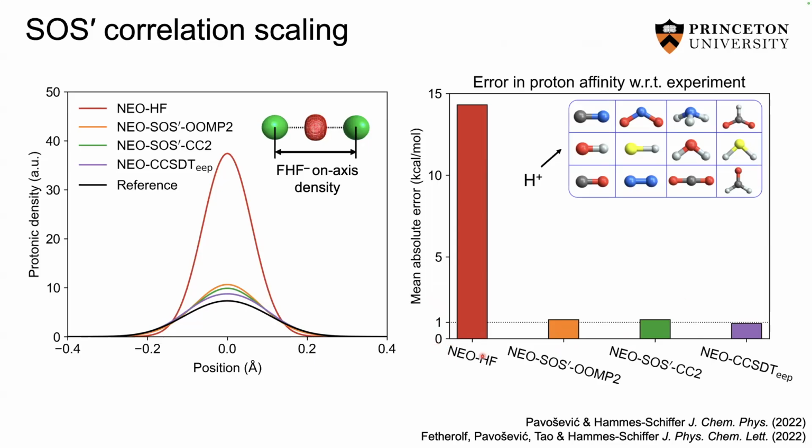So we see errors across these 12 molecules in proton affinity of very close to 1 kcal per mole, both for scaled opposite spin SOS prime OOMP2 and SOS prime CC2. So this is a really nice result because it shows that just with one simple scaling factor, we can really correct the deficiencies of second order perturbation theory and more or less fully capture the electron proton correlation.